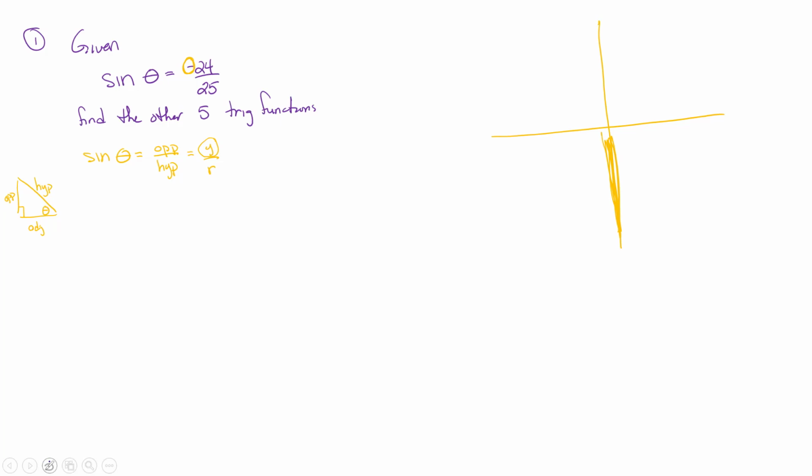So, let's take a look at this. I know that y is equal to negative 24 and r is equal to 25, which means in order to complete this, we need to find the value for x. Okay, remember, regardless of whether it's on the grid system or a standalone triangle, this is still a right triangle that we are working with.